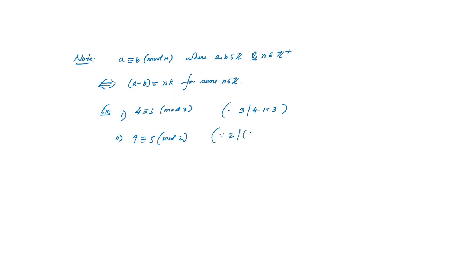Since 2 divides 9 minus 5, that means 4. But we can't say 9 is congruent to 5 mod 3, because 3 does not divide 9 minus 5, which is 4.